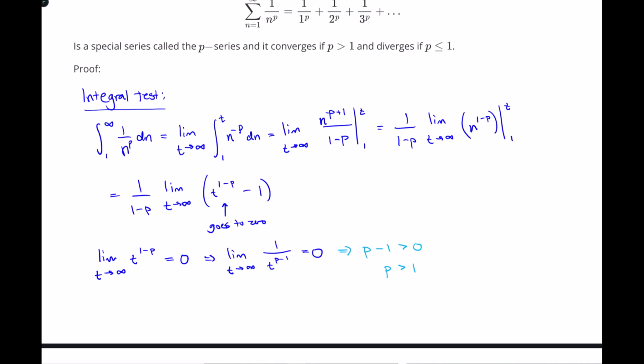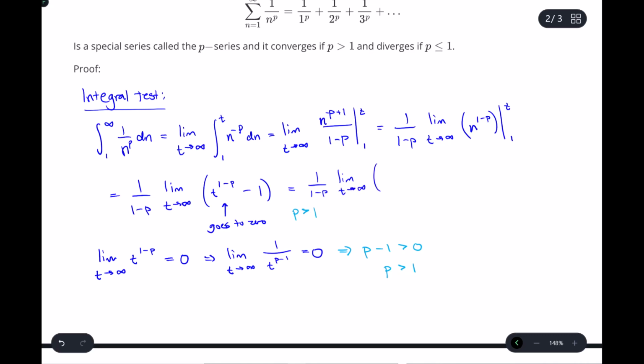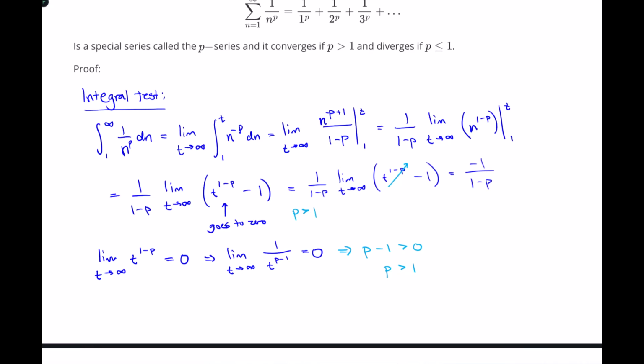So provided p is greater than 1, the next thing that would happen is we would get 1 over 1 minus p times the limit as t goes to infinity. This term would go to 0, and when it goes to 0, we end up with negative 1 over 1 minus p. Or I could simplify that to 1 over p minus 1, but that's okay. It's a real number, and that's great.